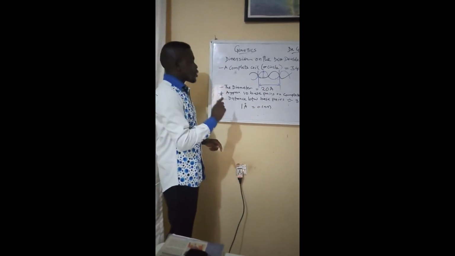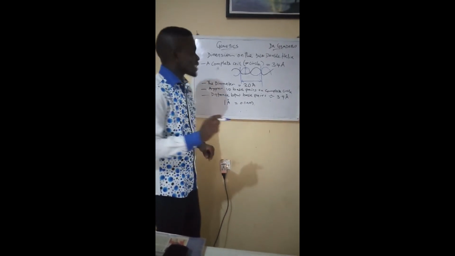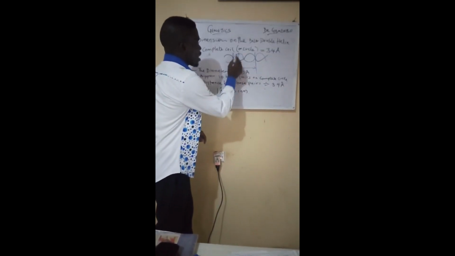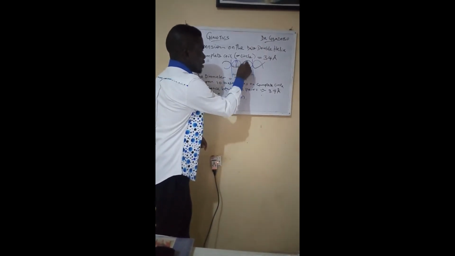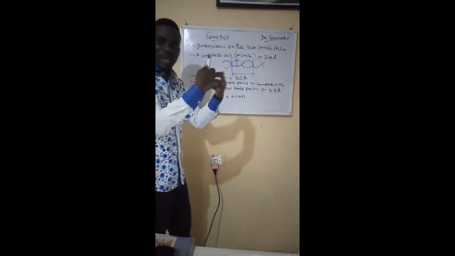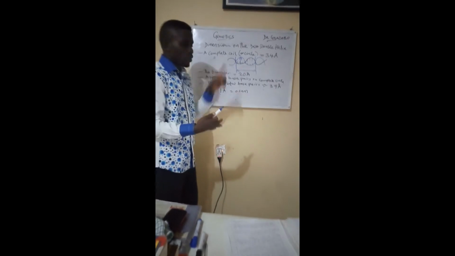And approximately 10 base pairs are on a complete cycle, meaning that from here to here, you have 10 base pairs. 10 base pairs join like bonds to form this complete cycle.